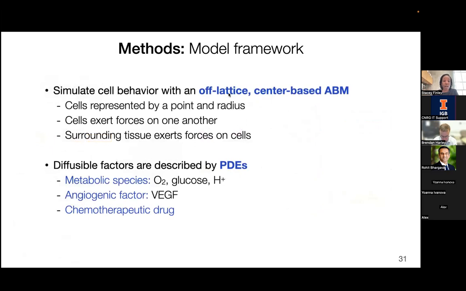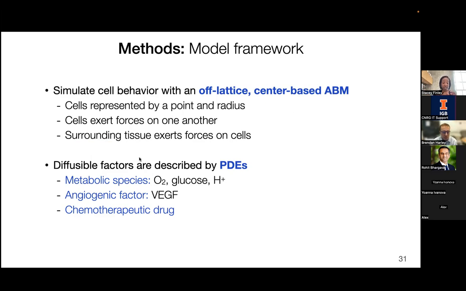So talking about the modeling framework, we're using an agent-based model. It's an off-lattice center-based model, which just means that we're not forcing these cells to be in defined grid spaces. The cells are represented with a point and a radius that determines their sphere of influence. Cells can exert forces on one another, and the surrounding tissue can exert forces on the cells as well.